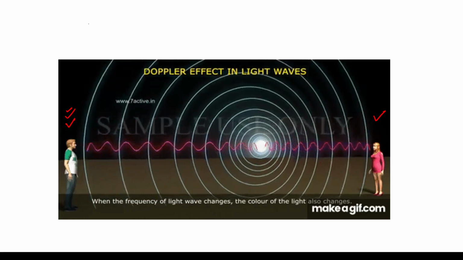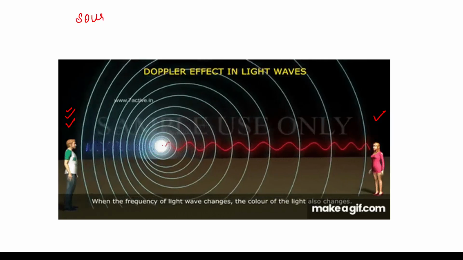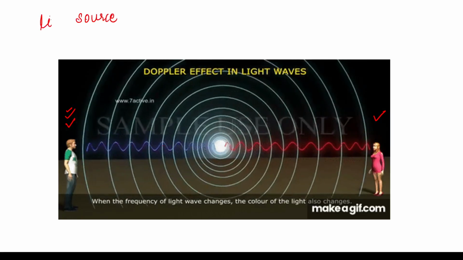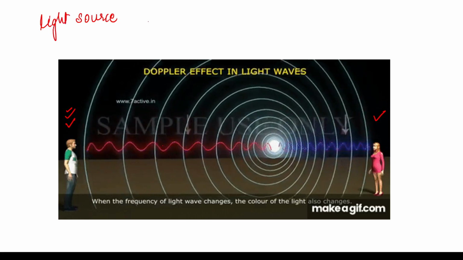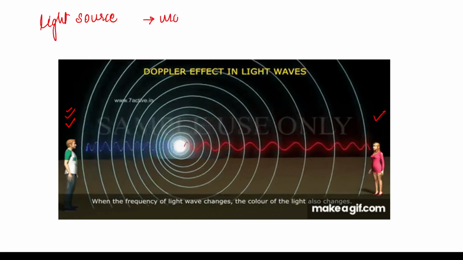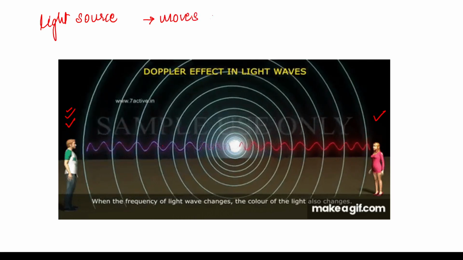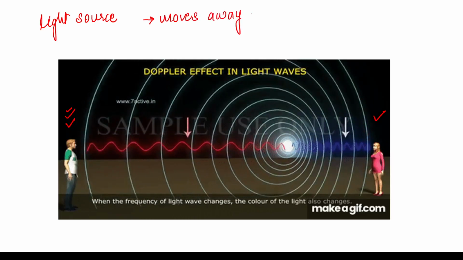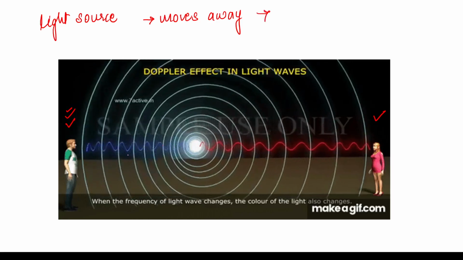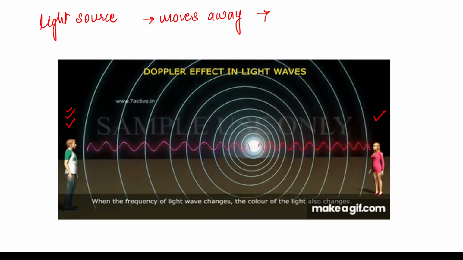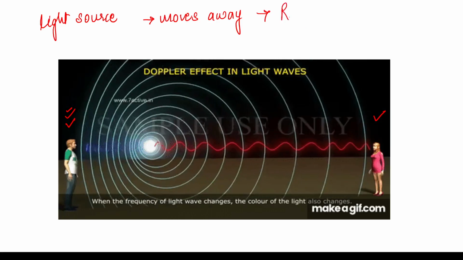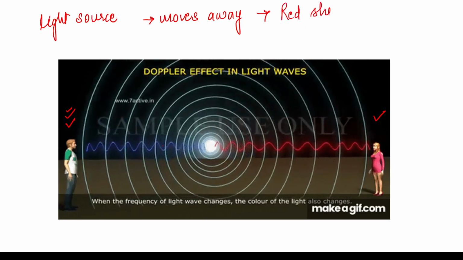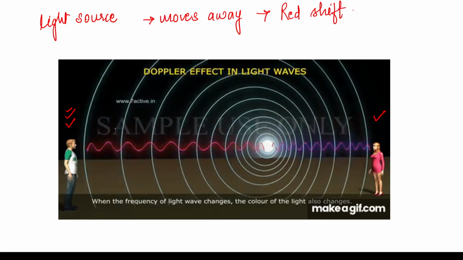So when a light source moves away, let's say a star is moving away from Earth, what kind of color change would happen? It'll shift towards red, so that is called red shift. This is the change in the color or the wavelength.